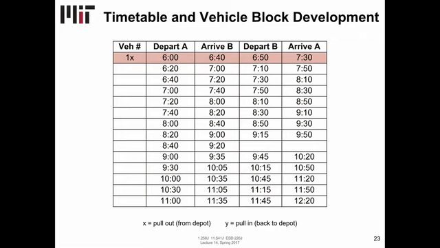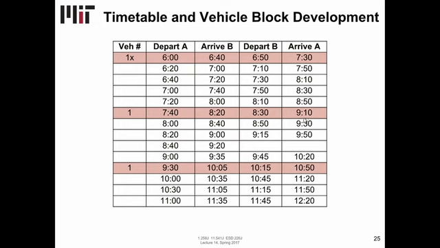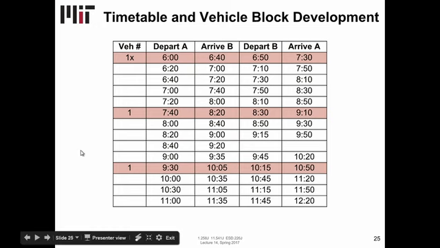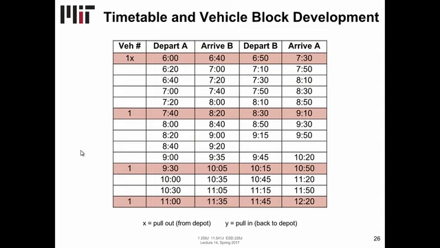After one cycle, it is able to serve the 7:40 trip after 10 minutes of layover. It will end the trip at 9:10. Given 10 minutes layover, it will be able to serve 9:30, and also 11 again.